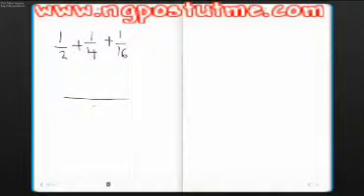Yes. 4 can go in 16, yes or no? Yes. And 16 can also go in 16. Yes. That means the LCM is 16. 2 in 16, 8. 8 times 1 is going to be 8. 4 in 16, 4. 4 times 1 is 4. Then 16 in 16, 1. 1 times 1 is 1. Add all of them together. Answer is 13 over 16 in base 10.